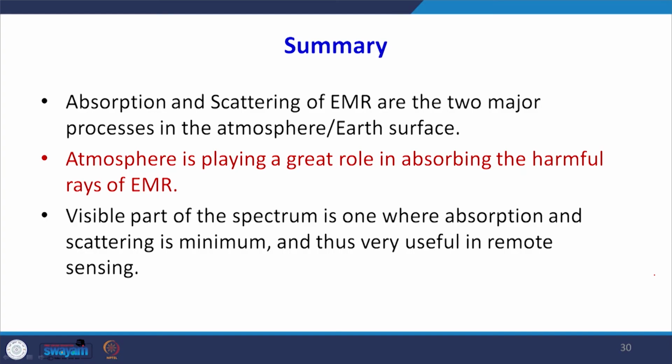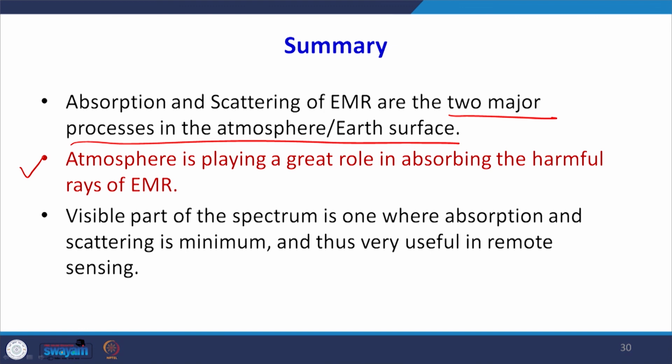So, in summary, absorption and scattering are two major processes which take place in the atmosphere and also on the surface of the earth. These two processes take place on the different objects which are present. The atmosphere plays a very big role in absorbing the harmful, unwanted rays.